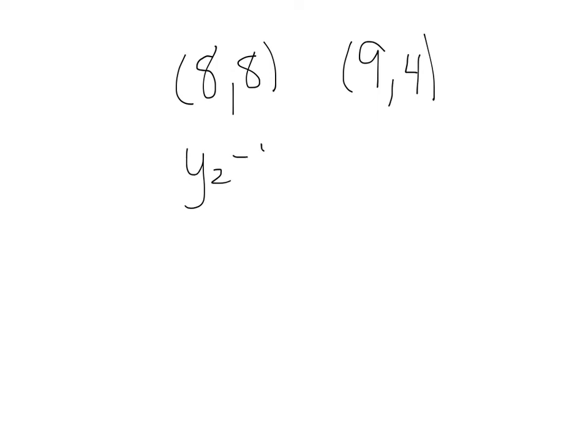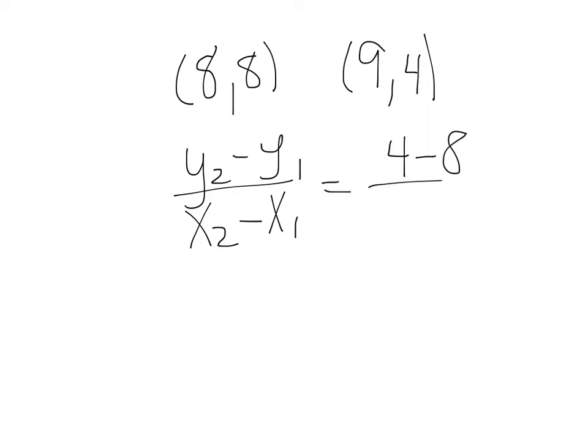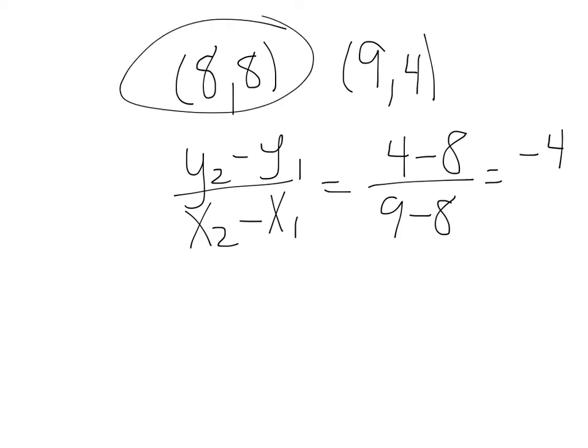So y2 minus y1 over x2 minus x1, 4 minus 8 over 9 minus 8 is negative 4 over 1, and that's just negative 4. Now, I can pick either one of these numbers as being my x and y point that I want to use. So let's just go for this one.